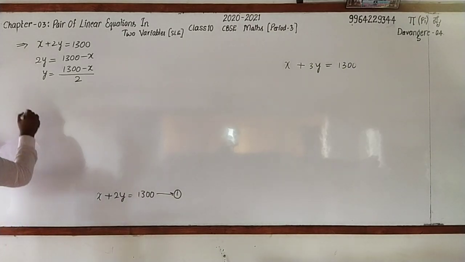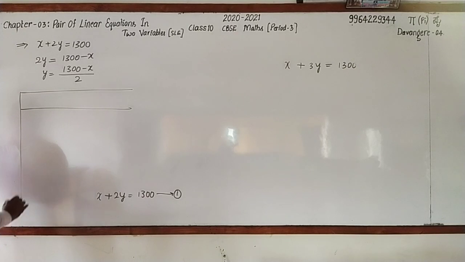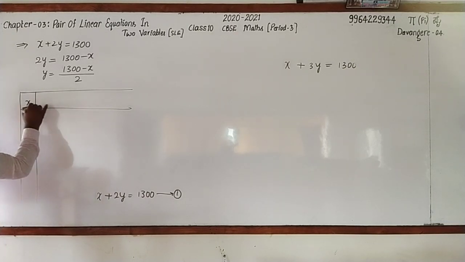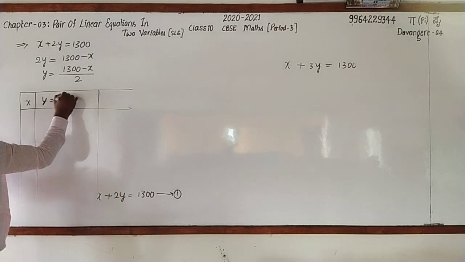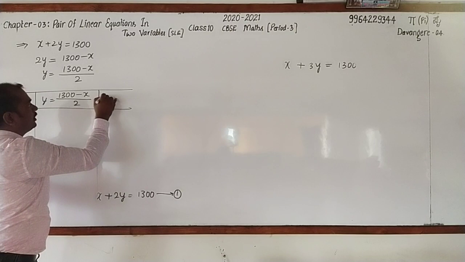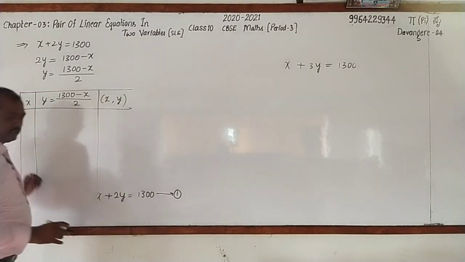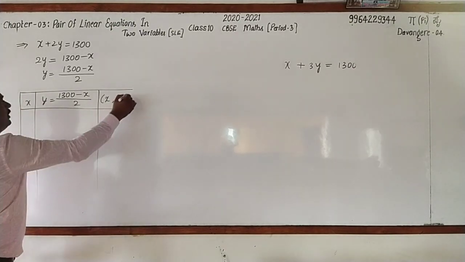Clear? Yes. Let us find out the coordinates. First column for x, second column for y, that is (1300 minus x) by 2, and third column for the ordered pair, nothing but x comma y. Observe.